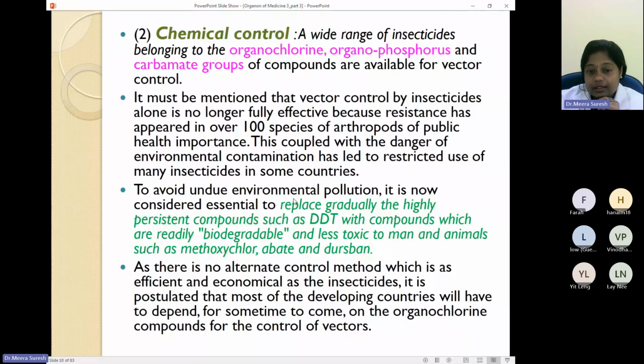So nowadays, in case of DDT, the scientists actually want to replace it with chemicals which are less toxic, especially methoxychlor, abate, and dersban.